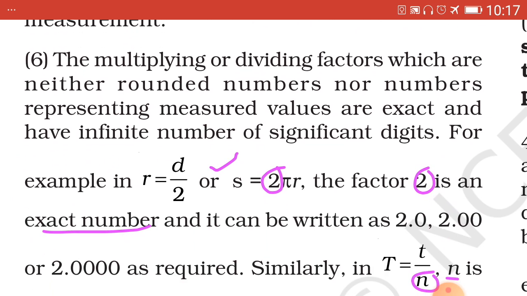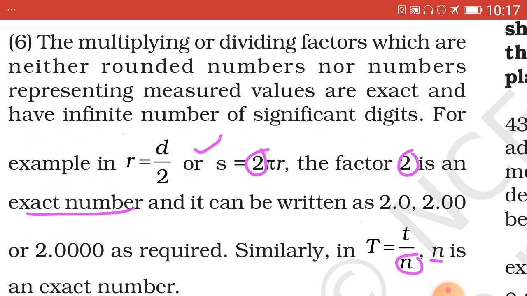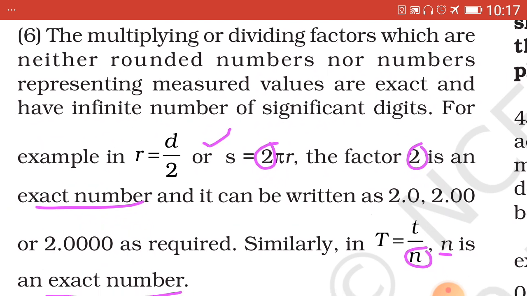Last one, say for example, if we consider the formula r equal to d by 2, where r is the radius of a material like a sphere and d is its diameter.